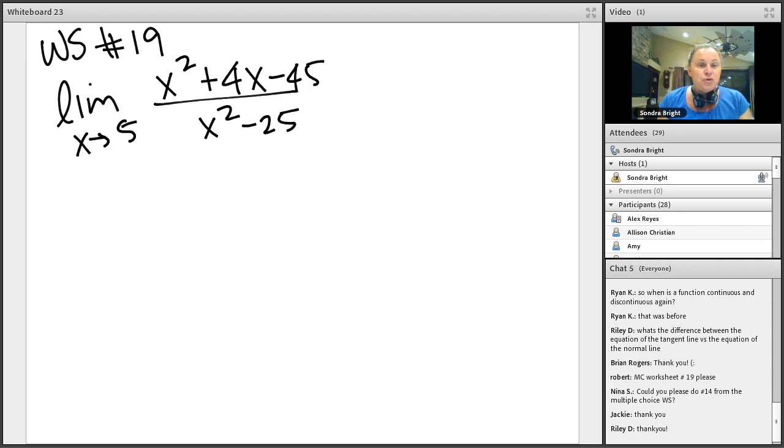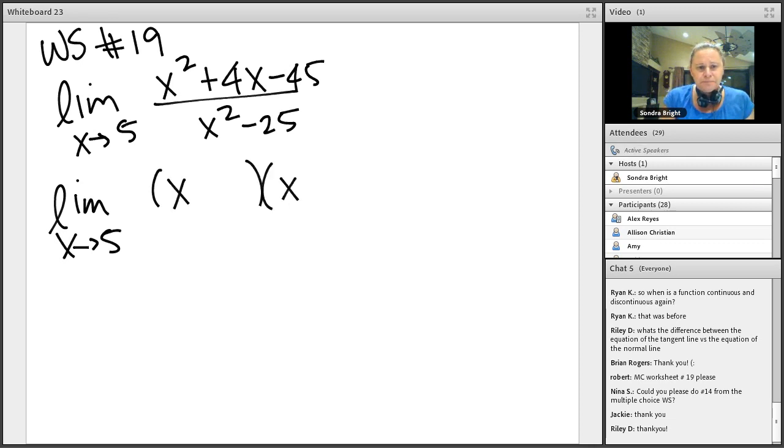If you plug in 5, the top looks like it'll be okay. Oh no, it won't, will it? 25 plus 20. So you end up with 0/0 if you just plug it in right now. So you're going to do some algebraic manipulation. We need to get to the point where we're not dividing by 0. Factor the top and factor the bottom.